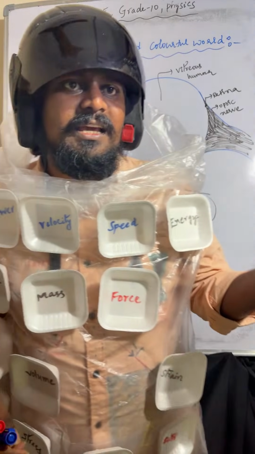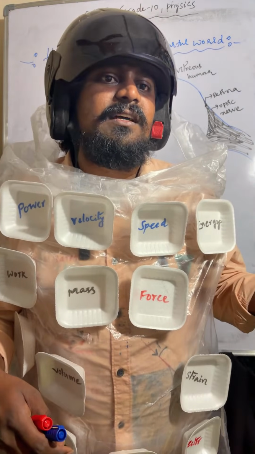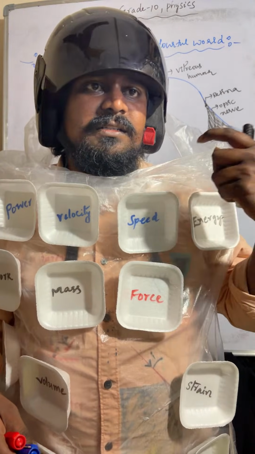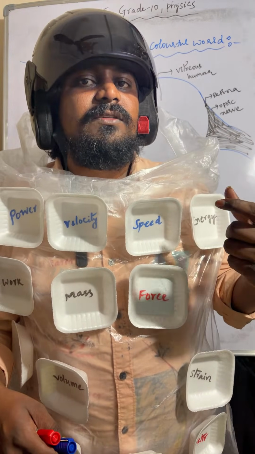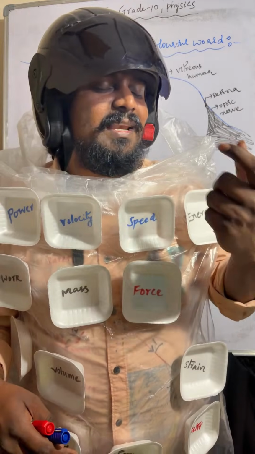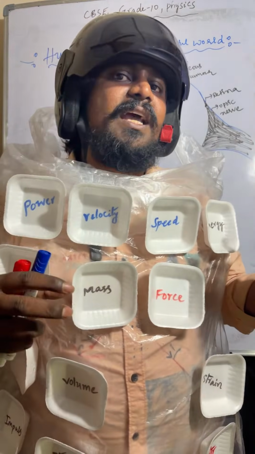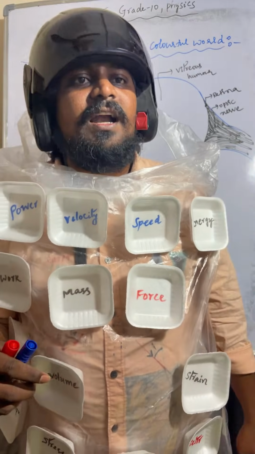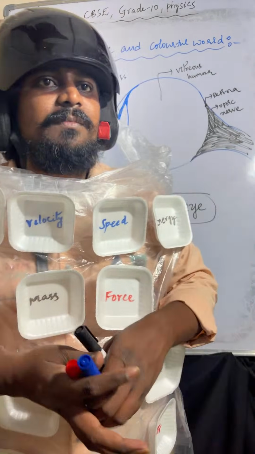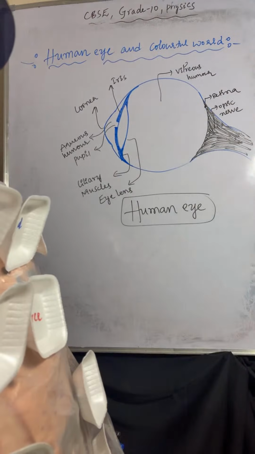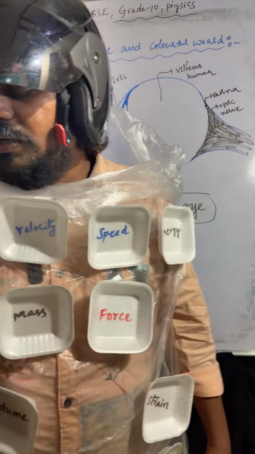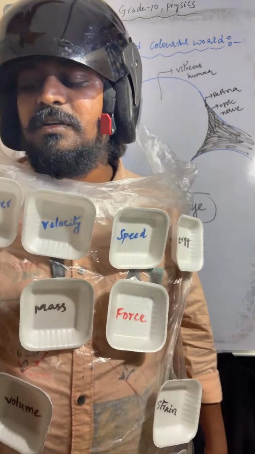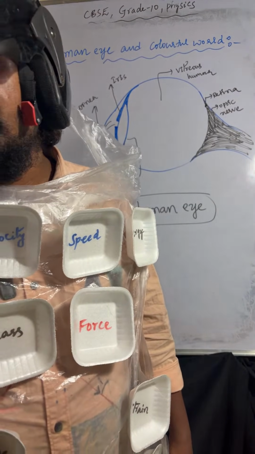If you want to see nearby objects as well as far distance objects, the ciliary muscles adjust the curvature of the lens so that we are able to see nearby objects as well as far distance objects.